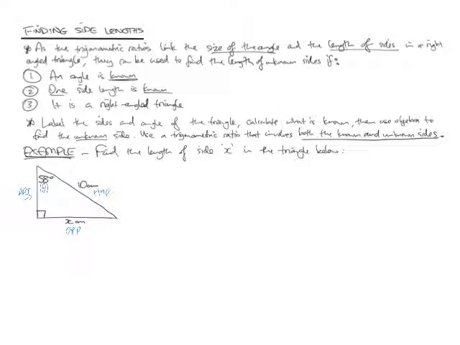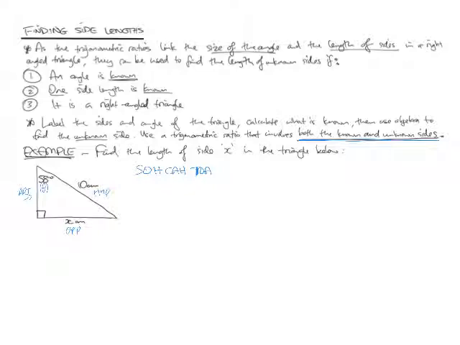So we need to use a trig ratio that involves both the known and the unknown sides. So in this case, it's opposite and hypotenuse. Opposite and hypotenuse both involve the known side and the unknown side. So if we remember SOHCAHTOA, does tan involve the known and the unknown side?